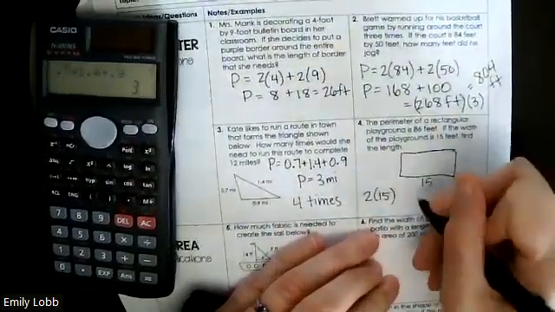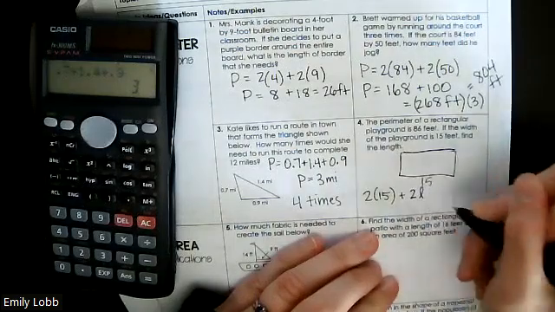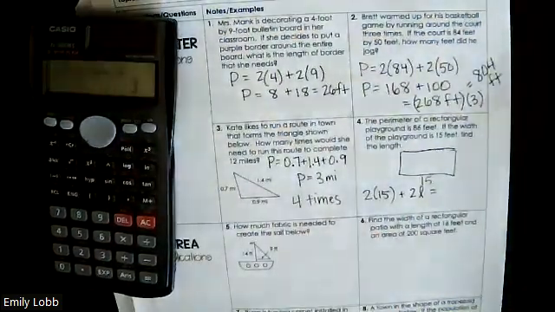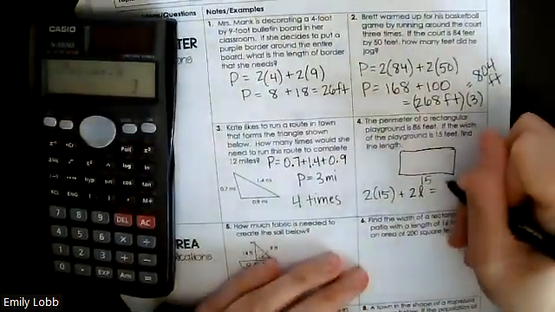Those are those sides. Plus 2 times the length is equal to what? What's the perimeter of it? Read the problem. Good. 86.